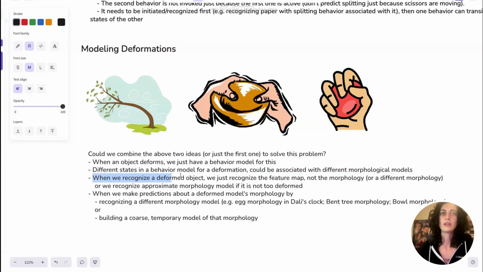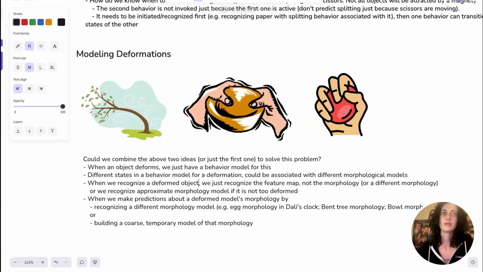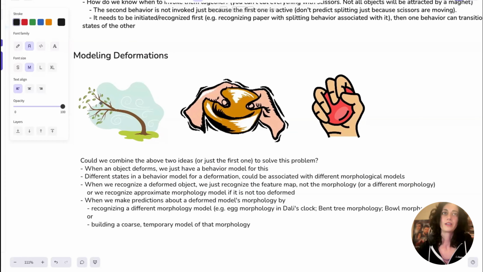But when we recognize a deformed object, it seems a bit unrealistic to expect that you've already learned a morphology model of the tree in this shape. So what I would propose is that we just recognize a feature map. So basically, how the brown parts of the tree have local neighborhood relationships to the smaller branches and to the smaller leaves.